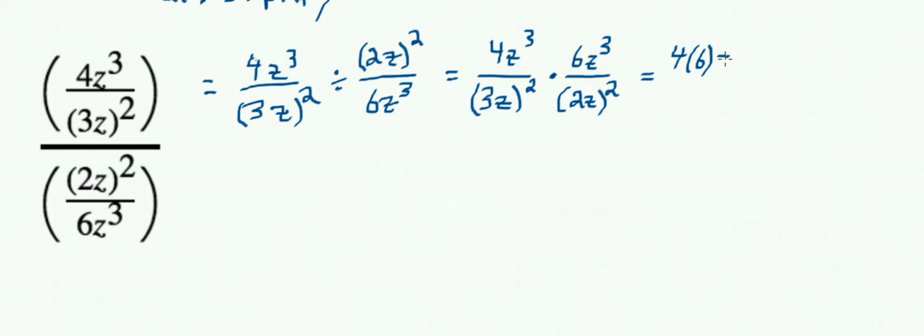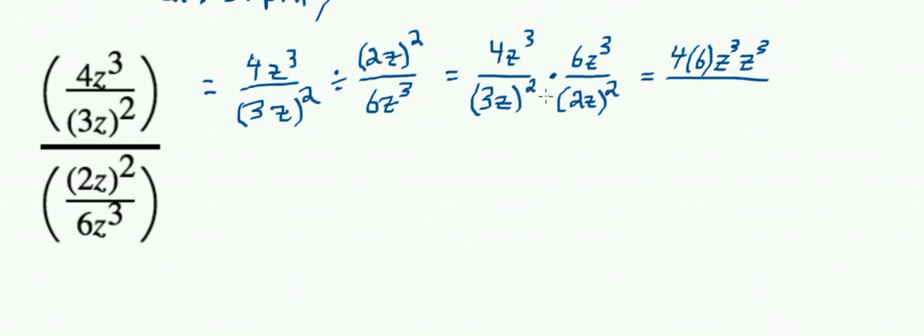So I can do 4 times 6 times z cubed times z cubed. That's the commutative property of multiplication. And this is all being divided by 3z quantity squared times 2z quantity squared. Now, because we have parentheses here, that means this exponent 2 applies to the 3 and the z.